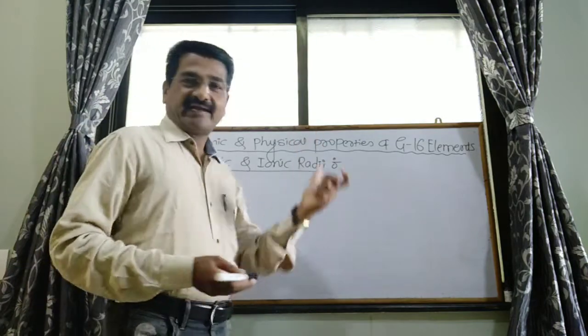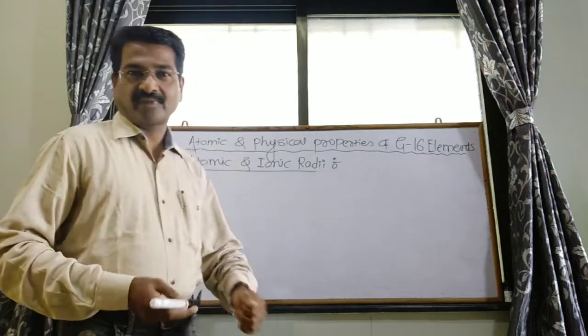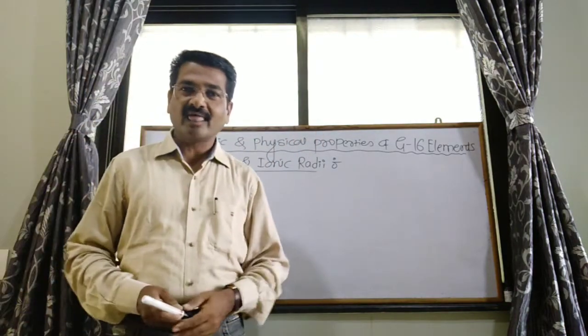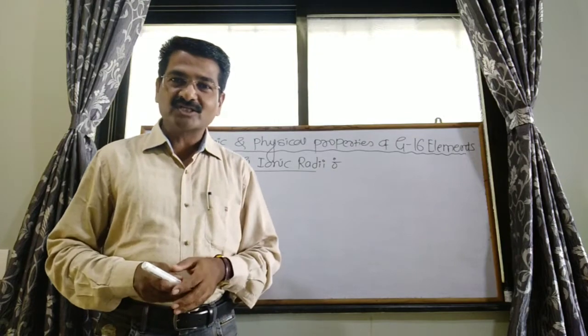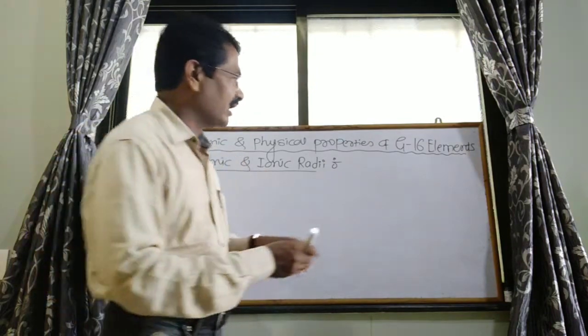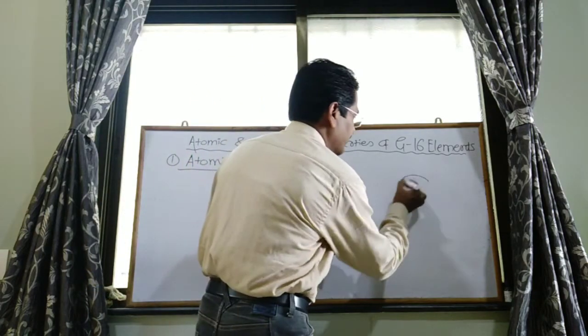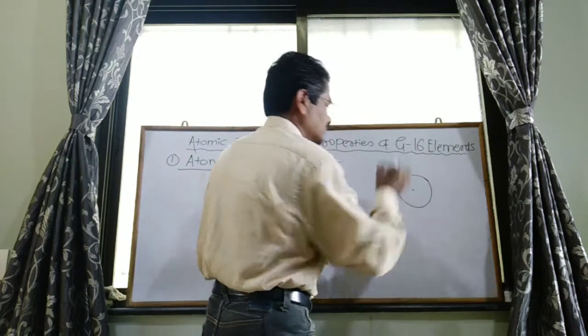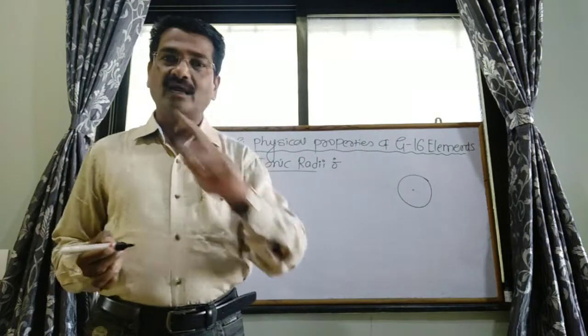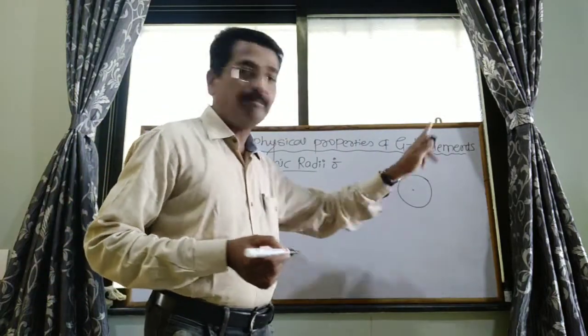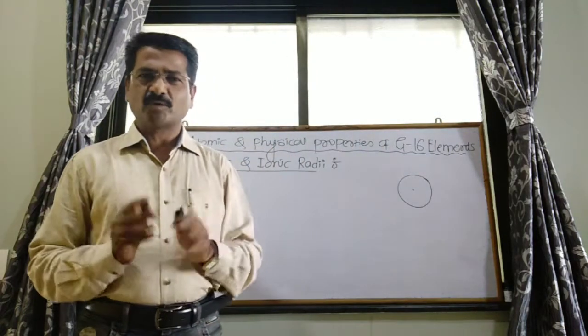What is radii? Radii, that is radius. You know the radius of a circle. How to calculate the radius of a circle? In any circle, the distance between the center point of that circle and any point on the periphery is the radius of the circle.